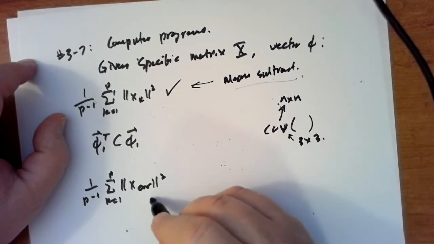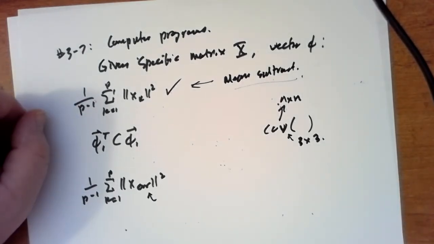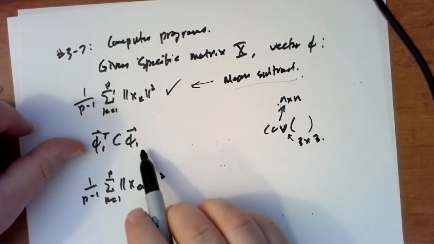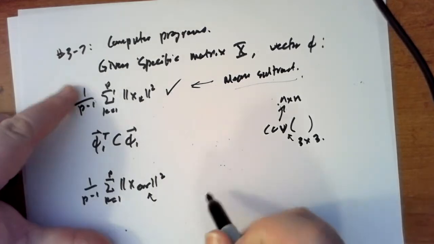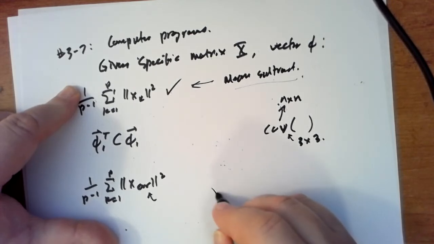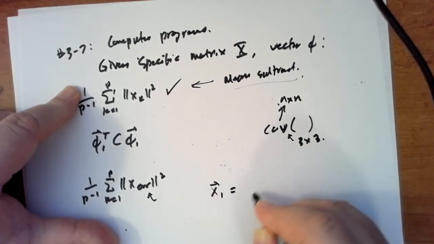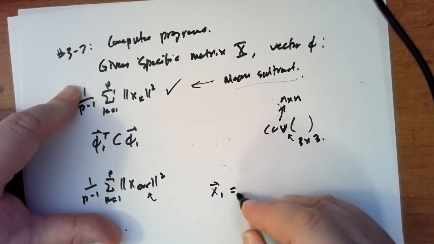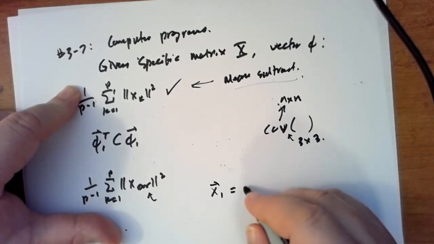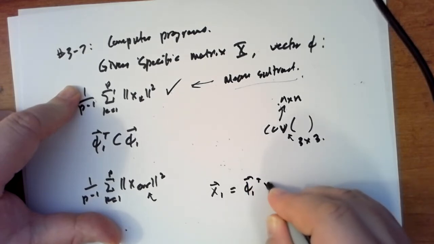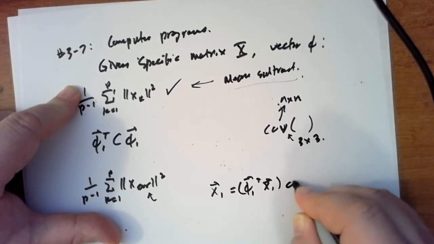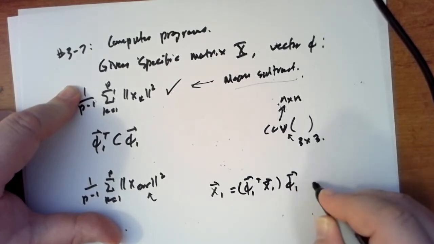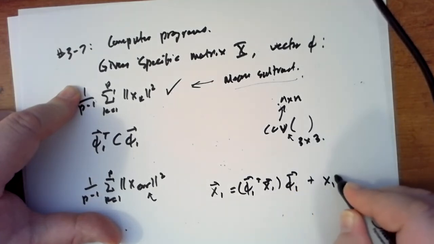Then finally down here, what is X error? Well, it's what's left over after you've projected your data onto phi1. So for example, if I take x1, x1 is going to be the projection onto phi1, which is phi1 transpose x1 times phi1, plus x1 error.